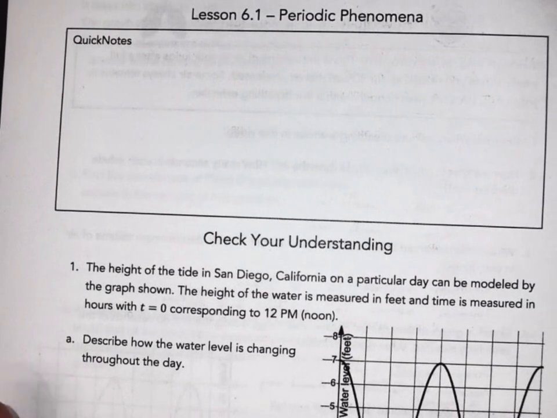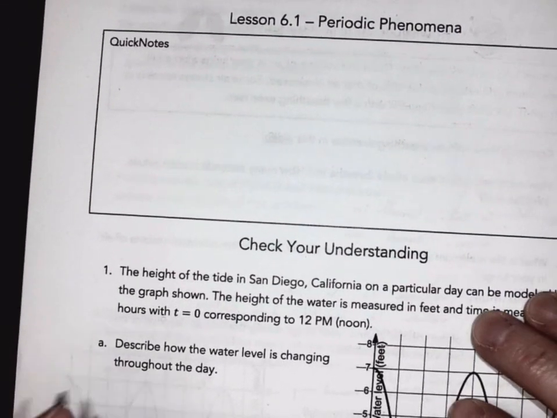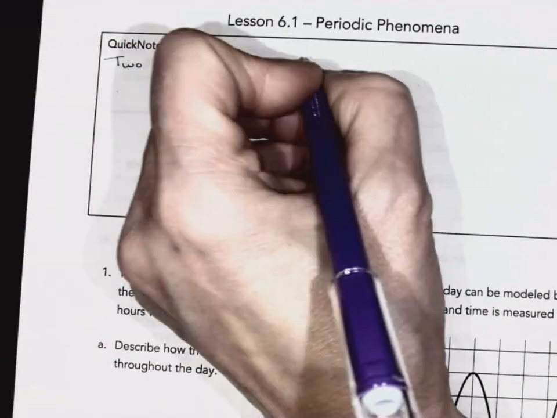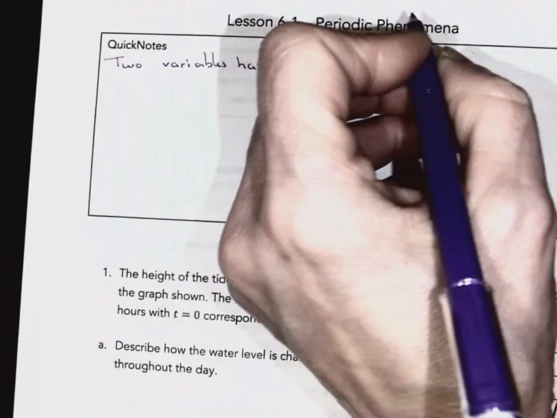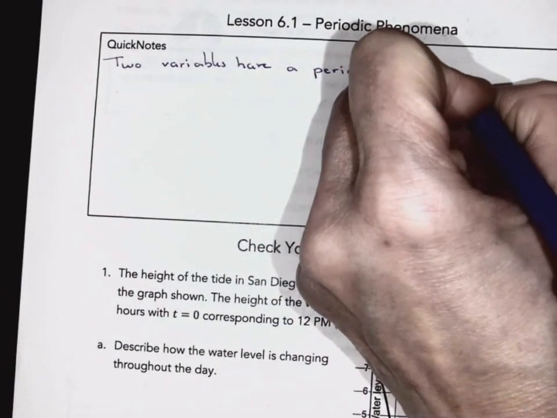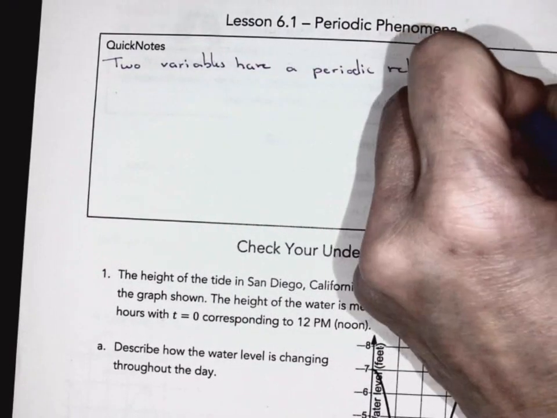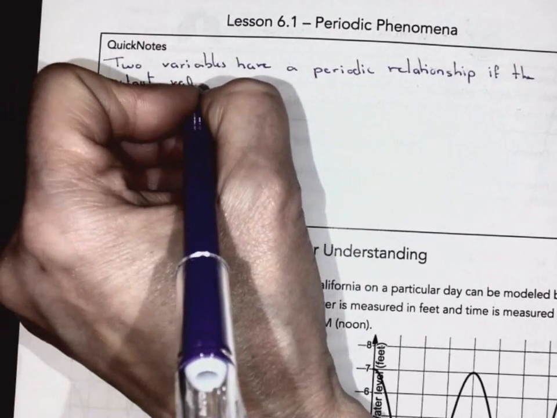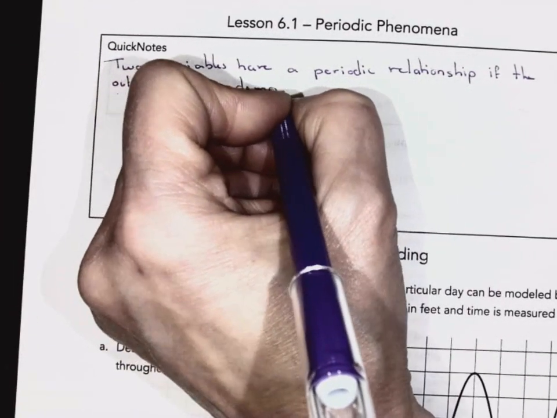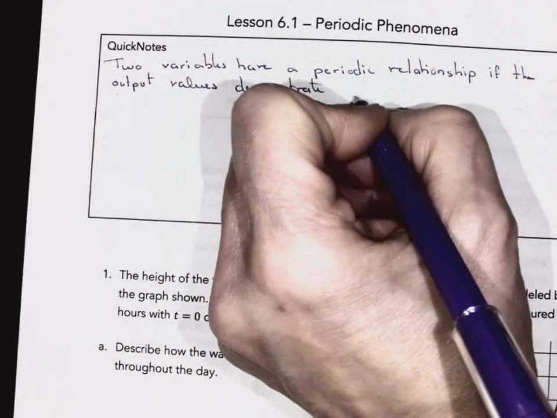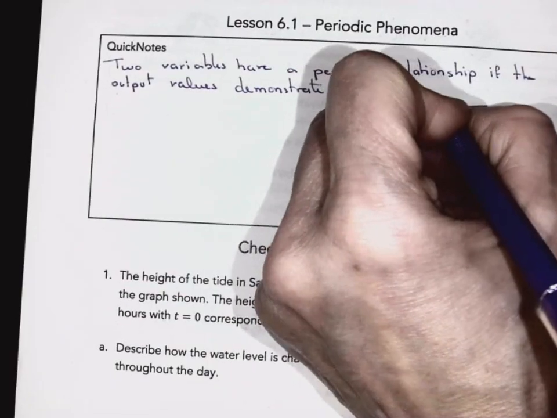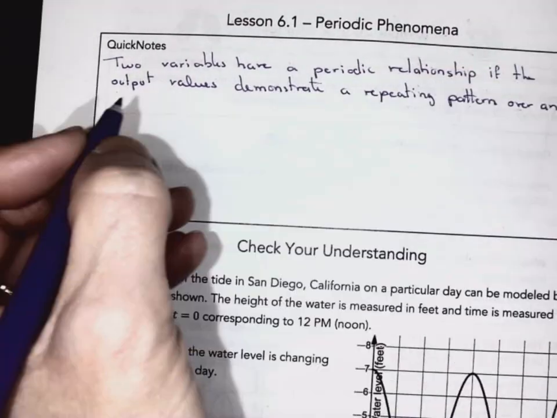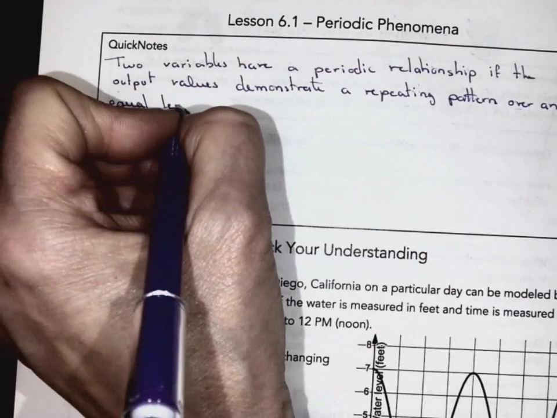Quick notes. So, two variables have a periodic relationship if the output values demonstrate a repeating pattern over an equal length interval.